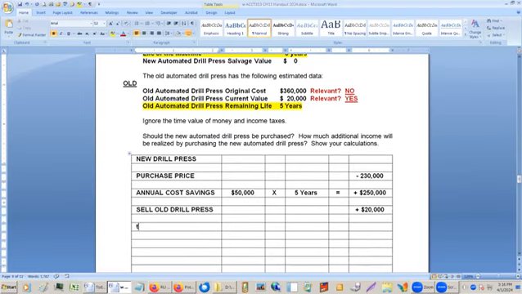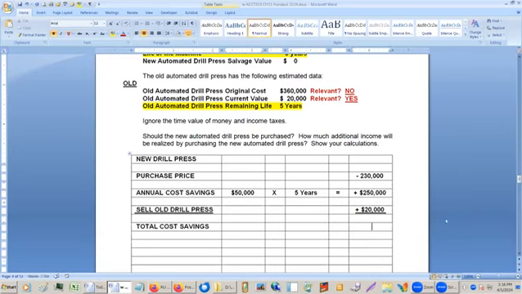So the total cost savings for this would be, um, plus 40,000. 230 minus 250 is 20.